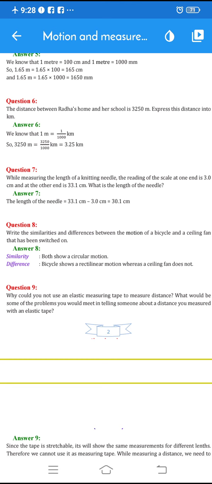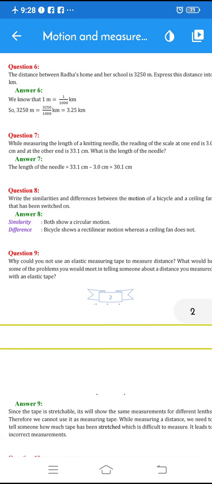The decimal point will shift 3 digits to the left. So 3.250 kilometer, or 3.25 kilometer, is the distance expressed in kilometers from meters.